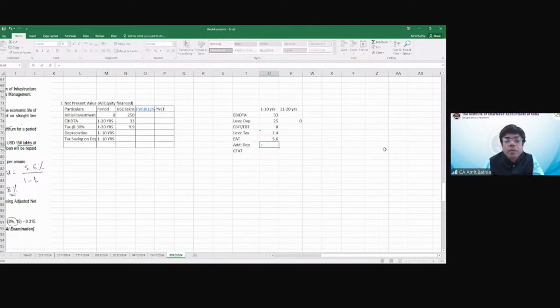Then I'm going to add depreciation back, which is 25, and my CFAT will be 5.6 plus 25, so 30.6. For the next 10 years, depreciation is going to be 0, so you will have a cash flow of 23.1 in the next 10 years. Are you with me?